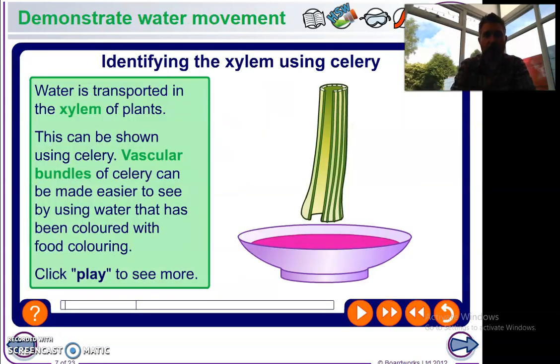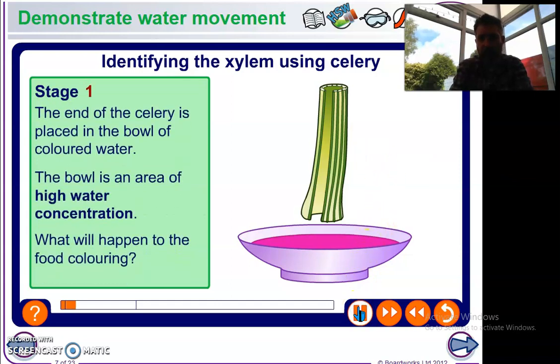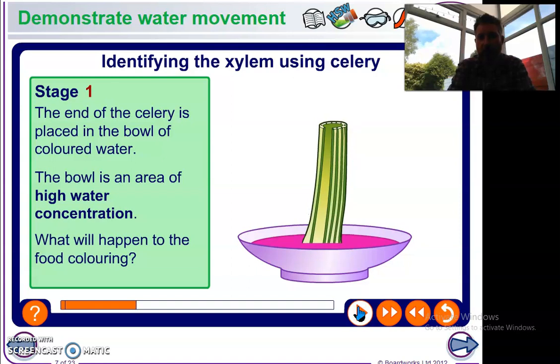So you can have a go at doing this at home if you want. If you want to try this, if you've got a bit of celery and you don't like eating celery, you can find a use for it. Just get a bit of celery, chop both ends off it, and then put it in some water containing food colouring. As you leave that, what you'll see is that the bowl of water is an area of high water concentration, and the celery is an area of lower water concentration.